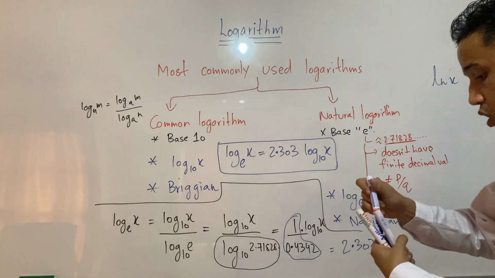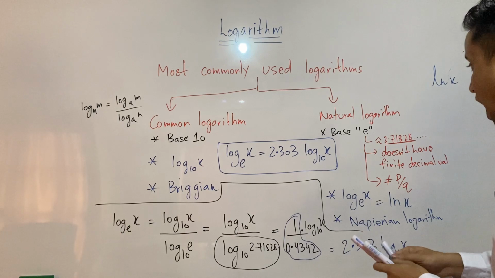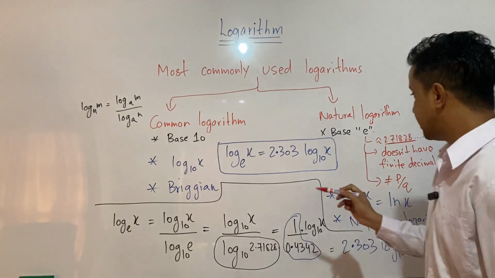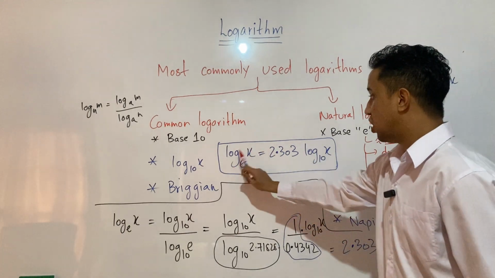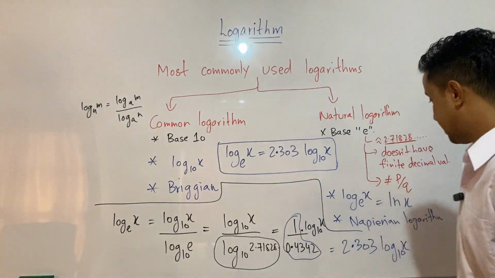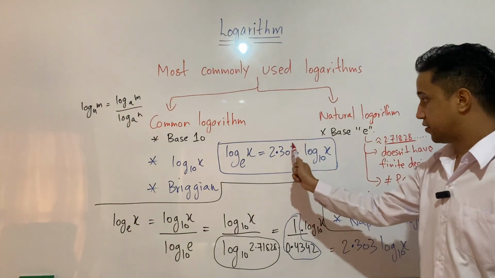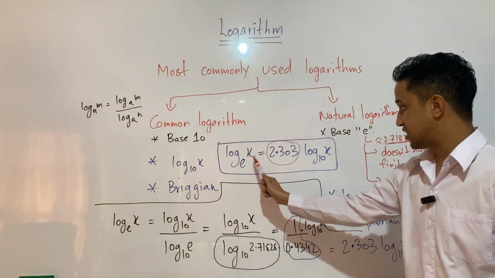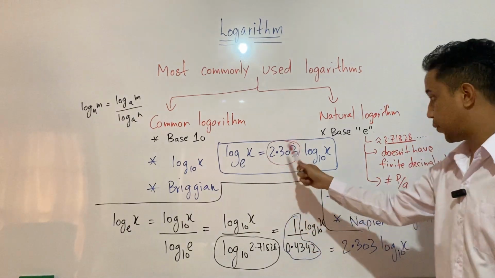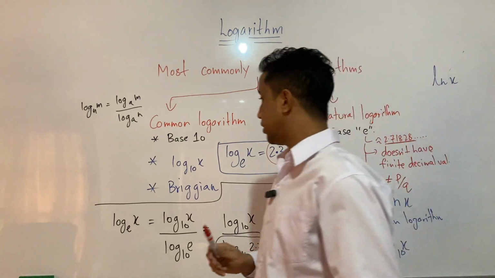So you must understand how and why we wrote here that log of x to the base e is equal to 2.303 log of x to the base 10.